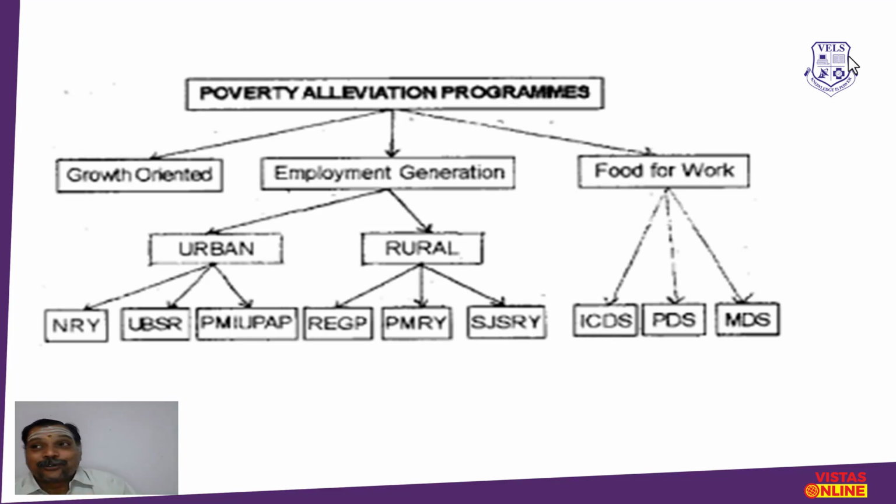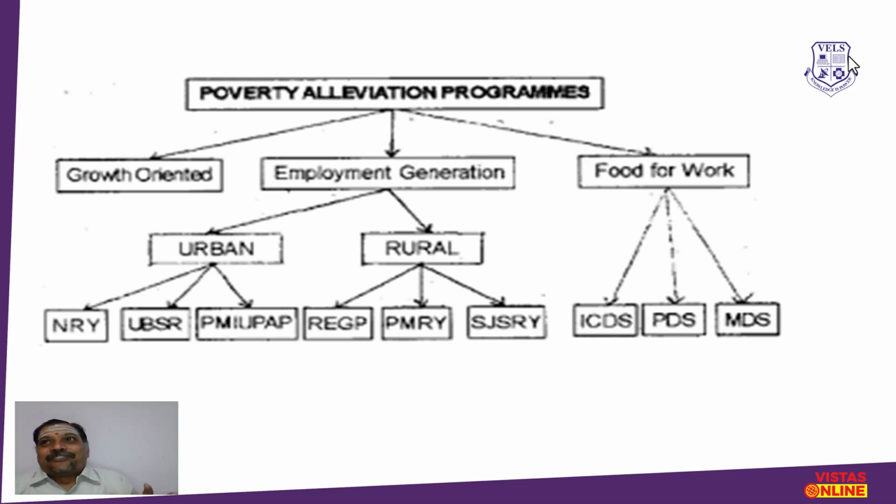So the government wanted to initiate some schemes related to food supply. The first one is ICDS, that is the Integrated Child Development Scheme, providing food to children. And one more scheme, we call it PDS, the Public Distribution System, and MDMS, that is the Midday Meal Scheme. So there are many schemes; these are the important ones.